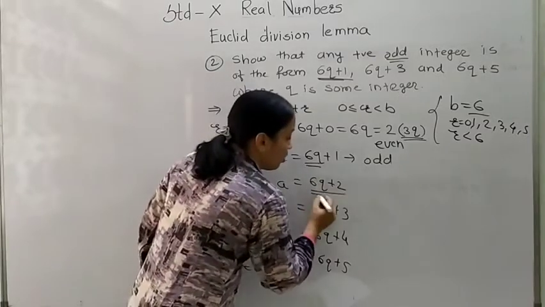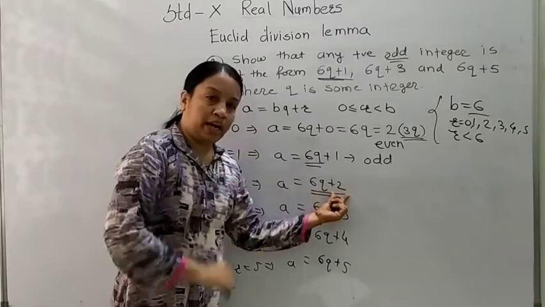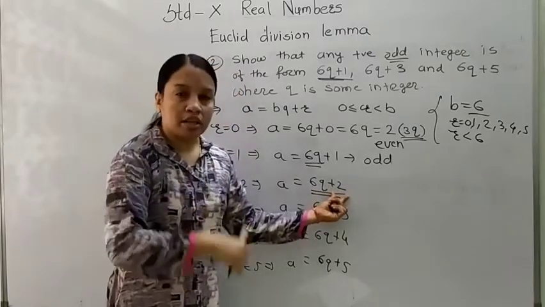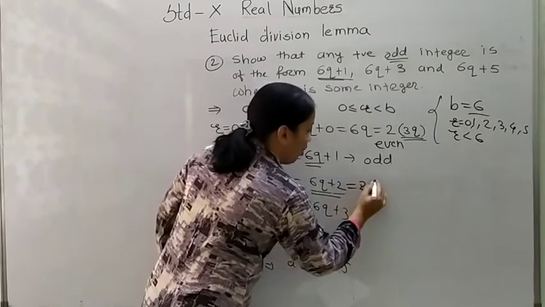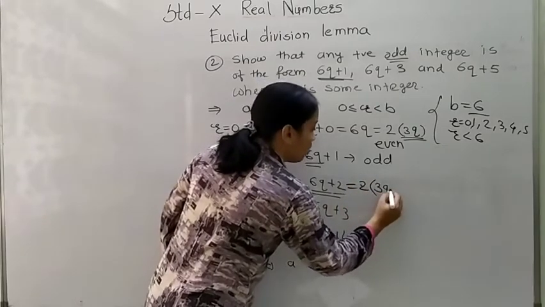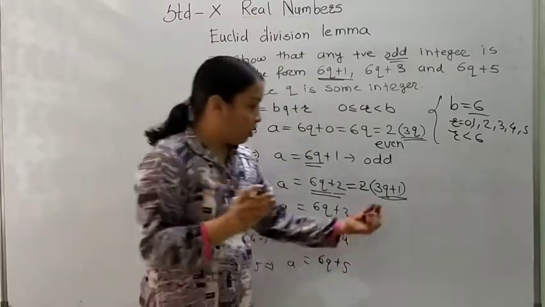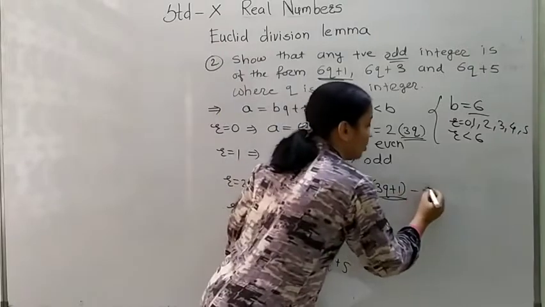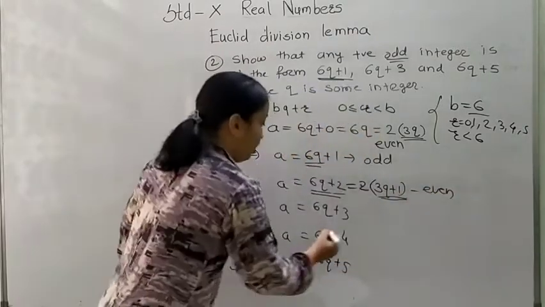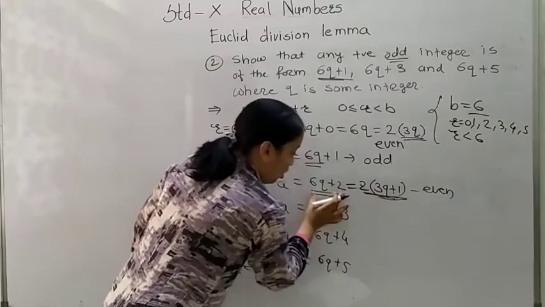Now this one is an even number, and again if you are adding 2, it will again be an even number. Or in a simplified way you can write 2 common, here will be 3q + 1. Now 3q + 1 is some integer, and some integer into 2 is always an even number. Therefore this is nothing but an odd number.